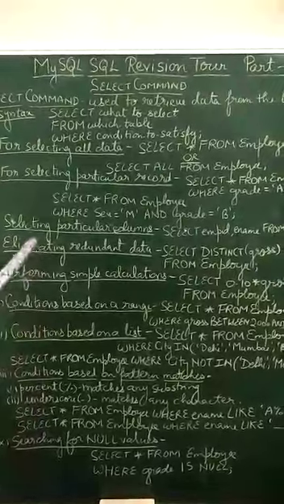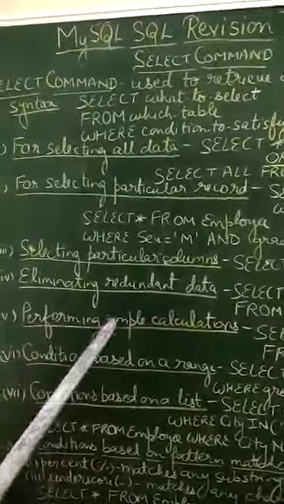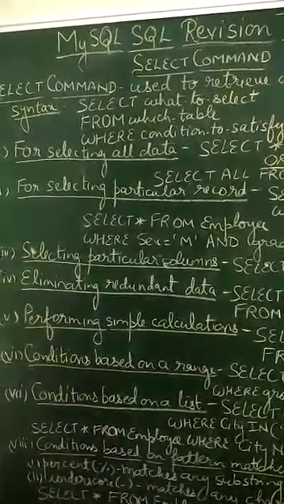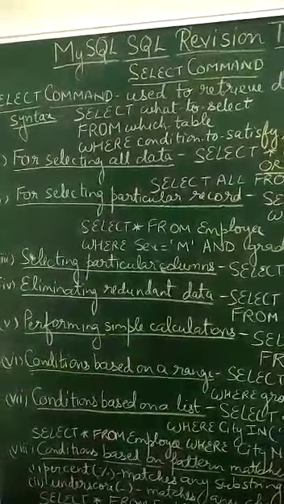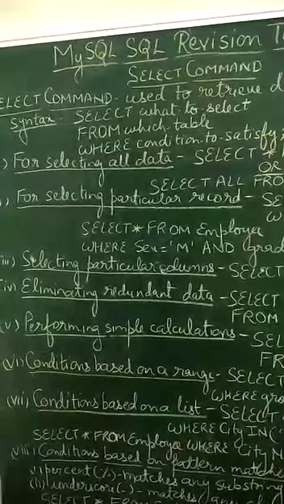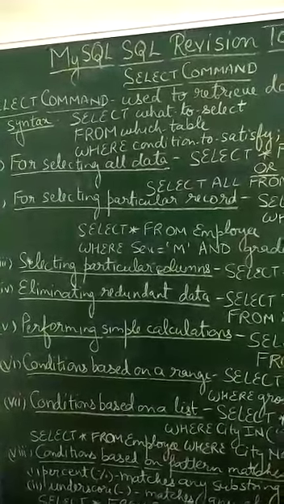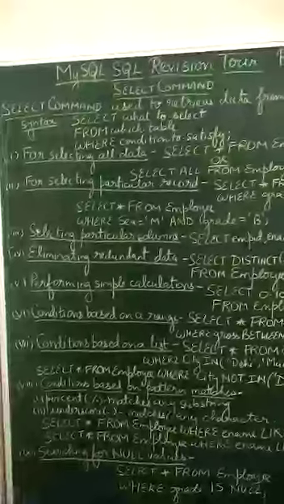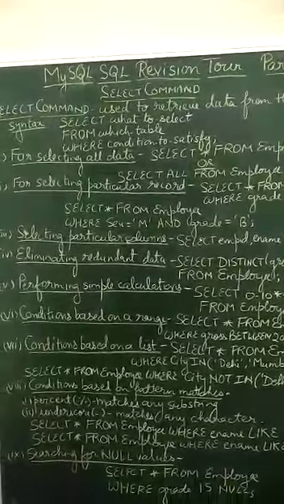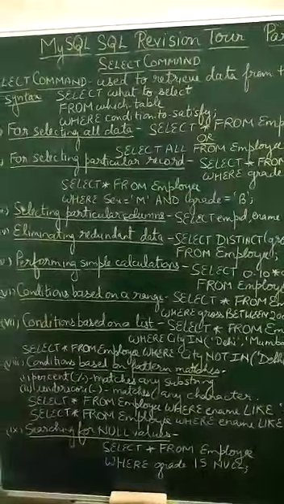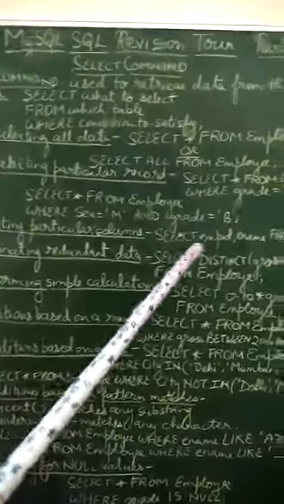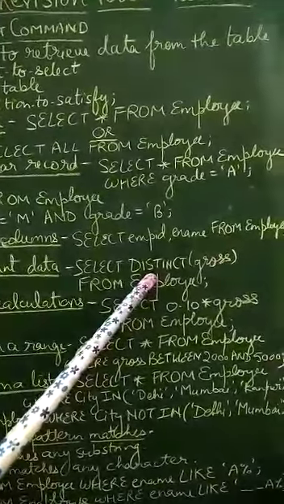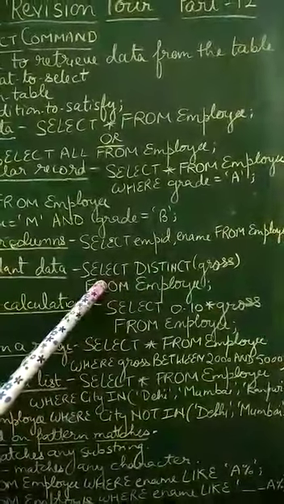Now, for eliminating redundant data. By default, data is selected from all the rows of the table, even if the data appearing in the result gets duplicated. For removing duplicate rows from the result, we can make use of the distinct clause along with the select statement.